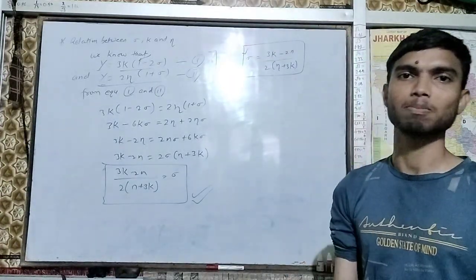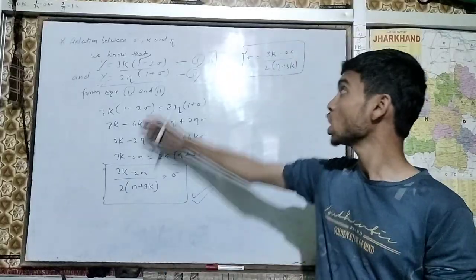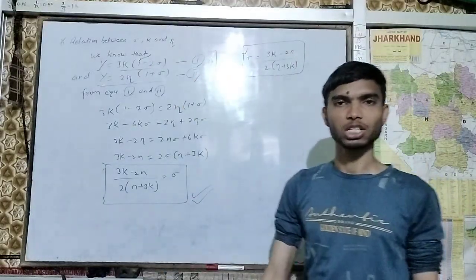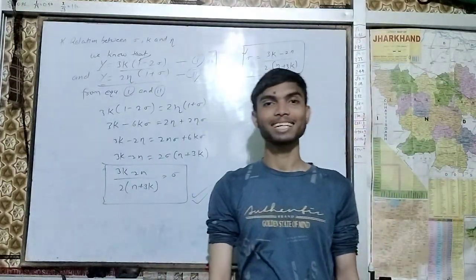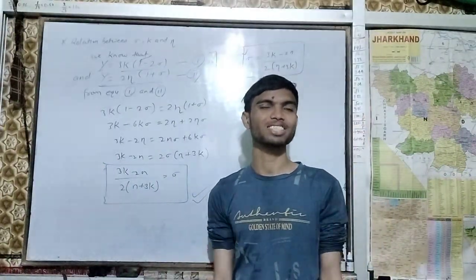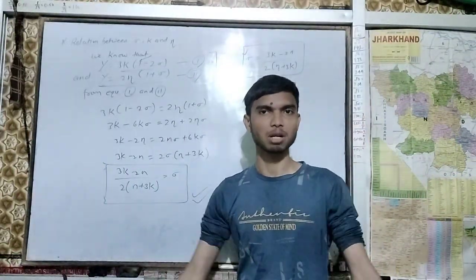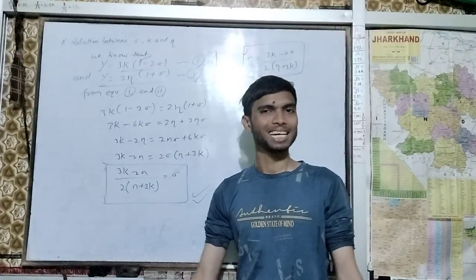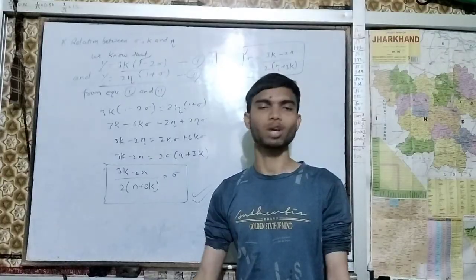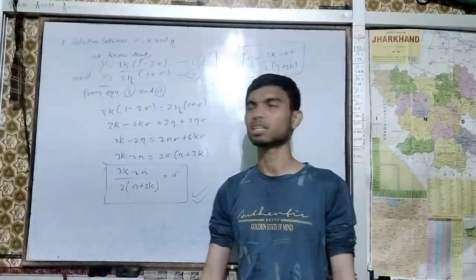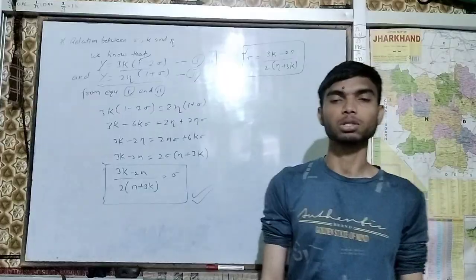Again, I would like to repeat it as a summary. This was our equation. The equation was to find a relation between Poisson's ratio, bulk modulus and shear modulus. It is also known as the modulus of rigidity. We know that we have two equations, not a relation, two equations.